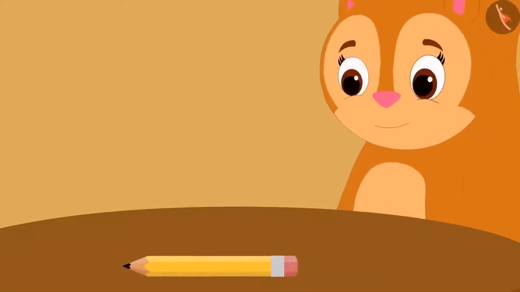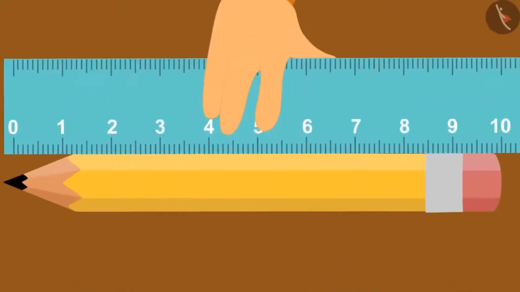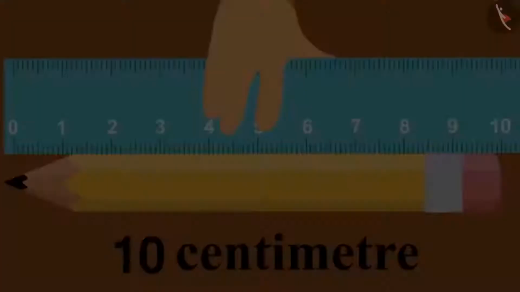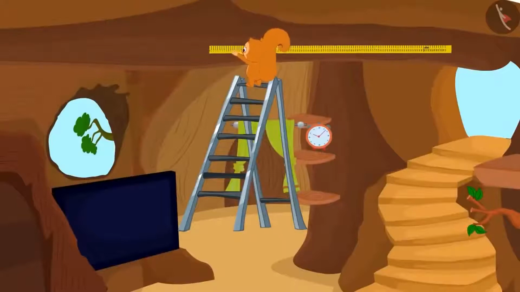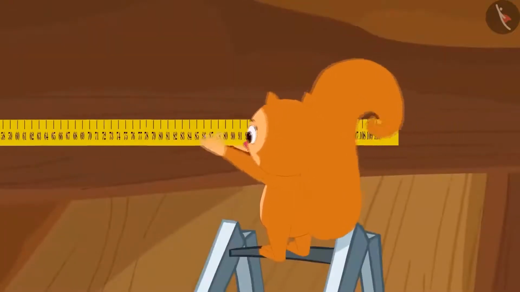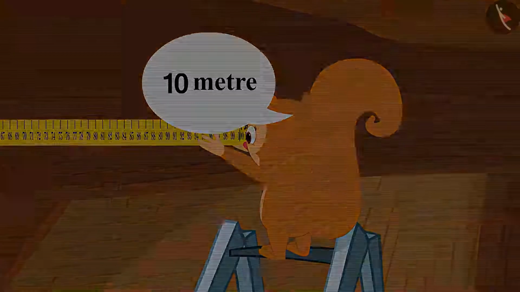After returning home, Chanda measured her pencil with a ruler in such a way and found that the pencil is 10 centimeter in length. Then she measured the length of her roof with her measuring tape and found that the roof was 10 meters long.